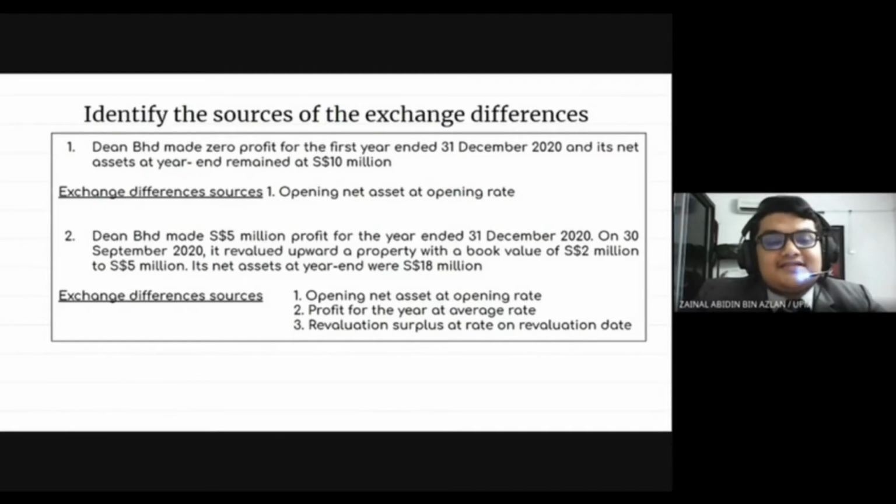So the exchange difference sources are opening net asset at opening rate, profit for the year at average rate, and third, revaluation surplus at rate on revaluation date. Because they made profit, they have revaluation surplus. Basically, for this question you can refer further to the tutorial to calculate the answer.